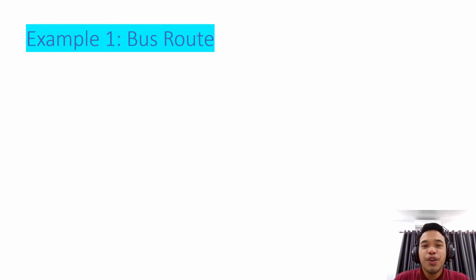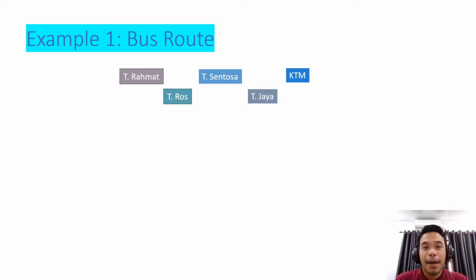Now, let's go for the first example, which is a bus route. Let's say there is a bus that will make a transit at 4 places until the last transit is KTM, and the bus will repeat the same route. For the 4 places, we have Taman Rahmat, Taman Ros, Taman Sentosa, and Taman Jaya.